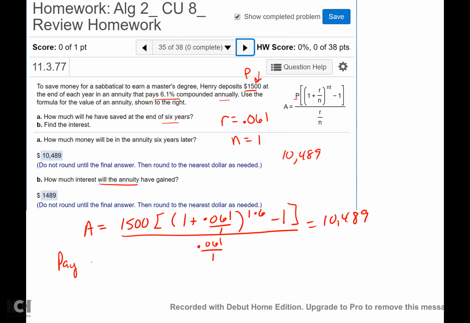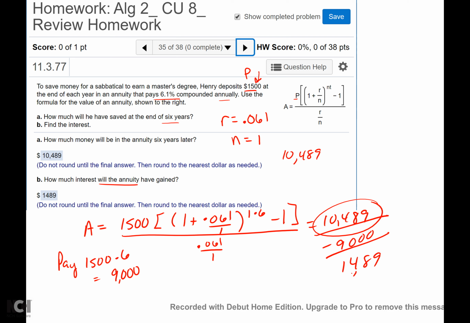He's going to pay $1,500 each year times 6 years, so his payments are worth $9,000. He's put in $9,000. If you have a total of $10,489 and subtract off what you've put in, $10,489 minus $9,000, you get $1,489. So you've earned $1,489 in interest.